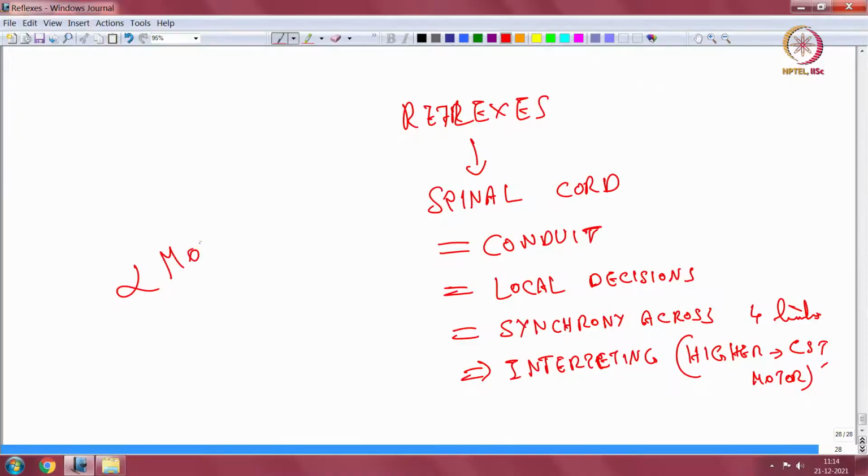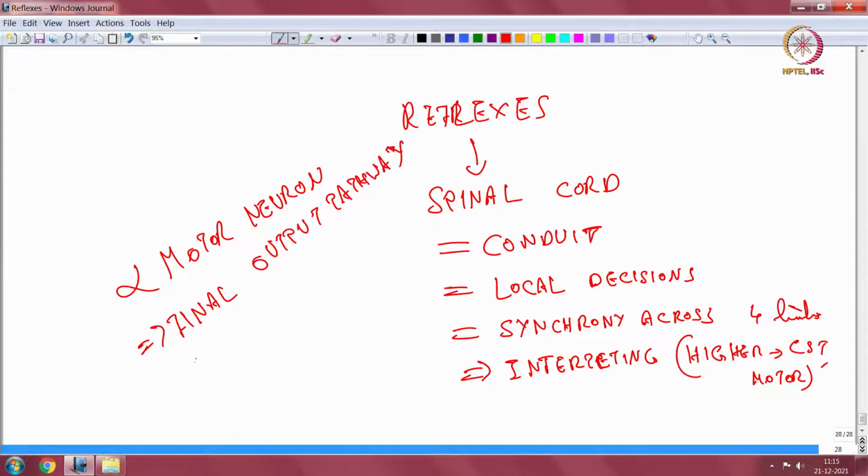These signals all finally impinge on the motor neuron, which is the final output pathway. So, the alpha motor neuron is the final output pathway, and it is present within the spinal cord.